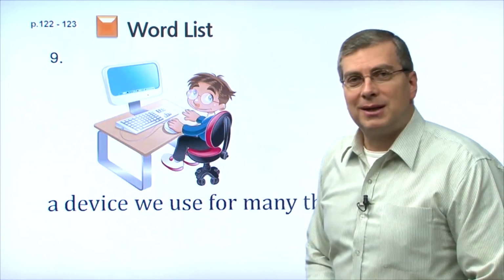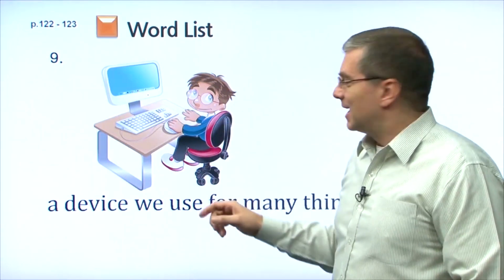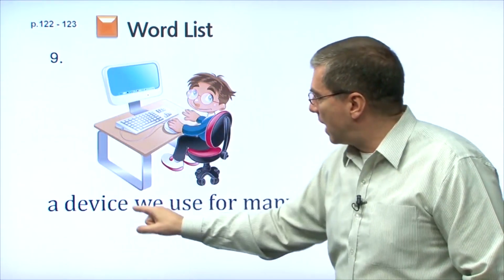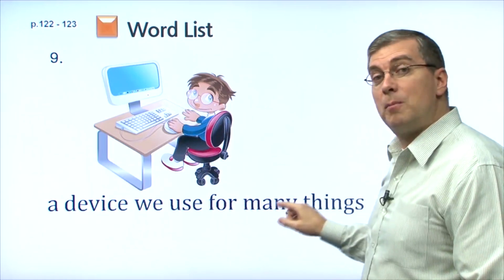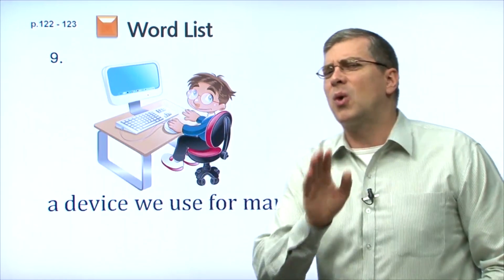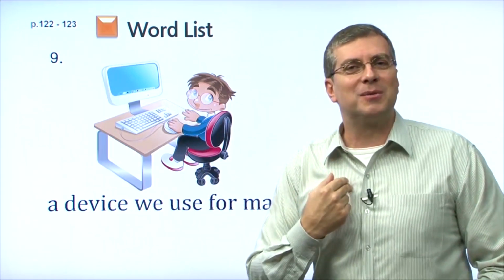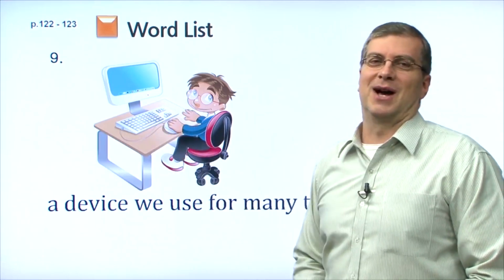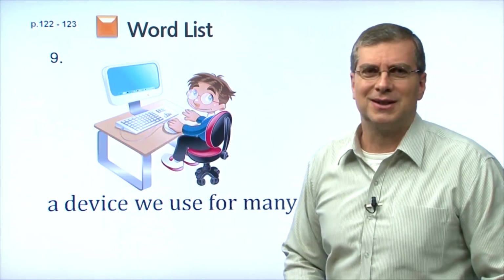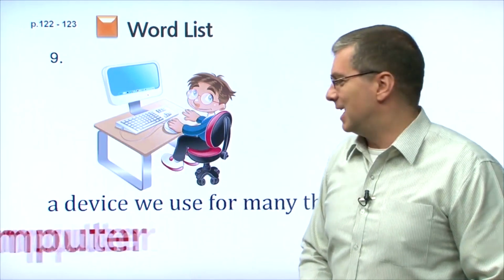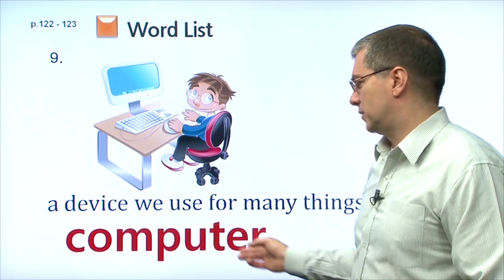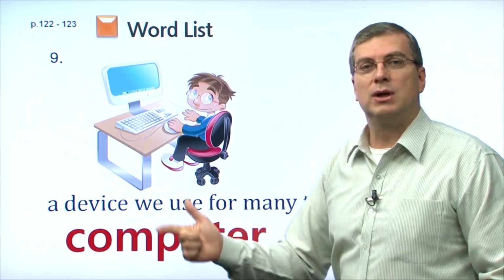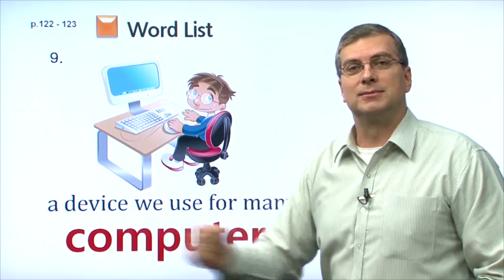What's this boy doing? He's very happy. He is using a device we use for many things. Maybe right now, you're watching me on this device. What is this device? Of course you know this. This is very easy. It is a computer. Computer.